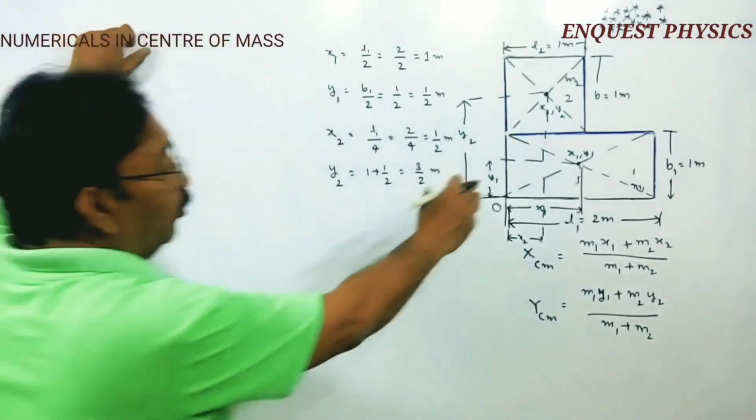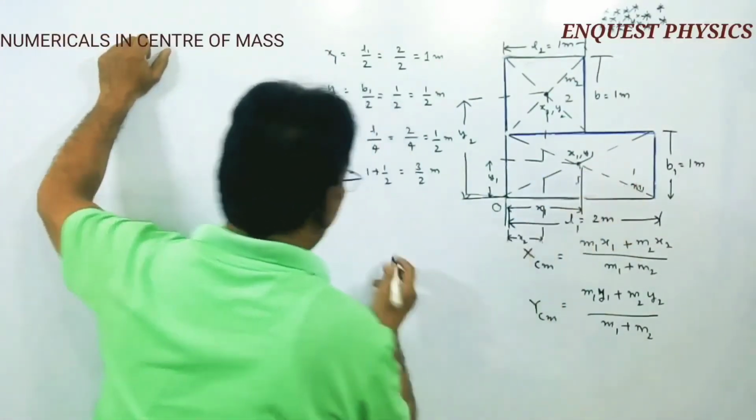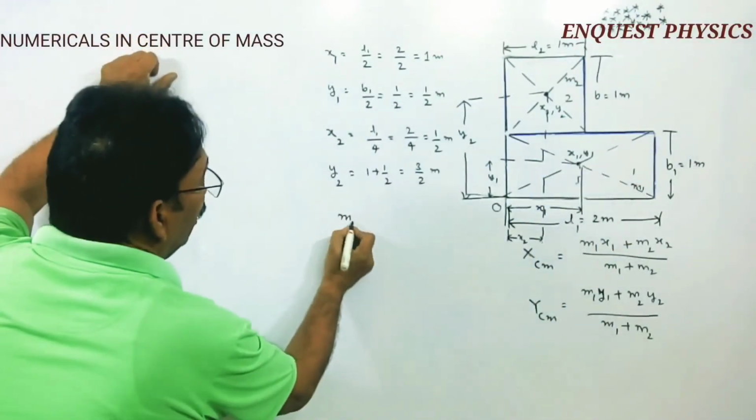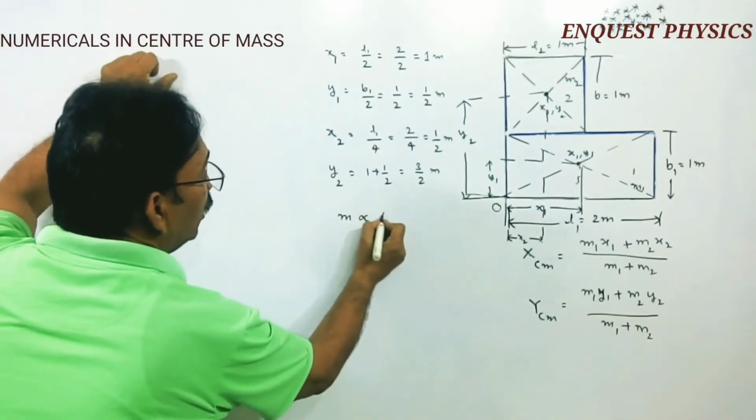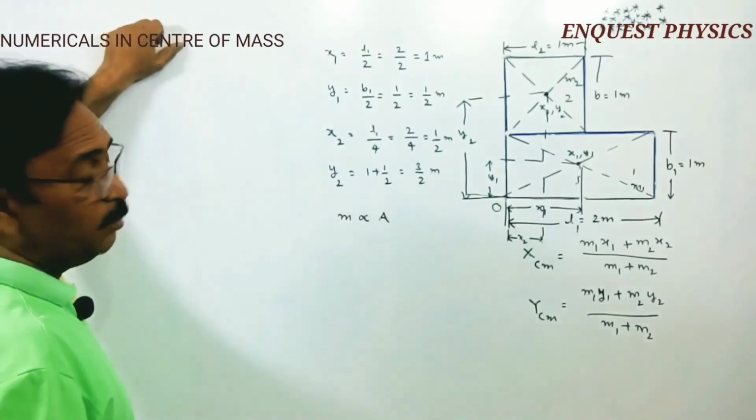Then after we have to go with the masses. It is the first block I said. If you watch it carefully, mass is directly proportional to area since it is a thin plate.